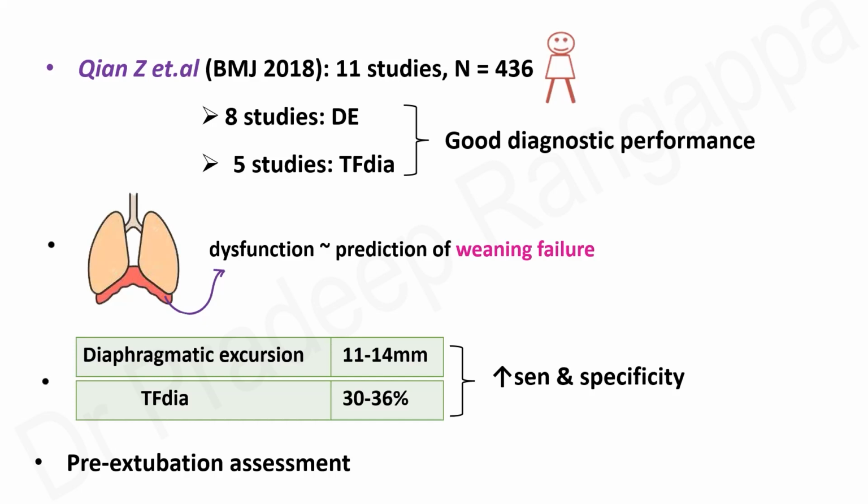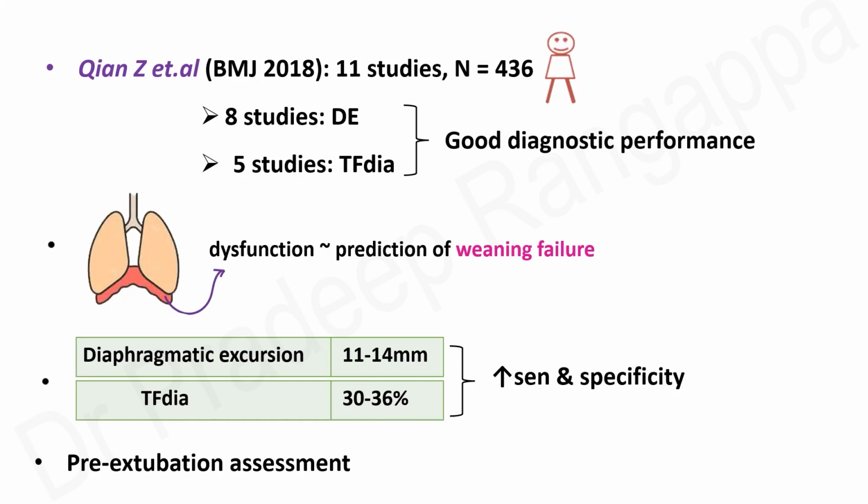Initially he had failed extubation, and then after IVIG, we constantly kept assessing the diaphragmatic function, and only when our excursion was more than 10 millimeters, the time to peak amplitude was more than 1.2 seconds, and the thickening fraction of the diaphragm was more than 30 to 36%, as I've indicated, did we extubate him successfully. So this was a stellar example of where we could use this modality.